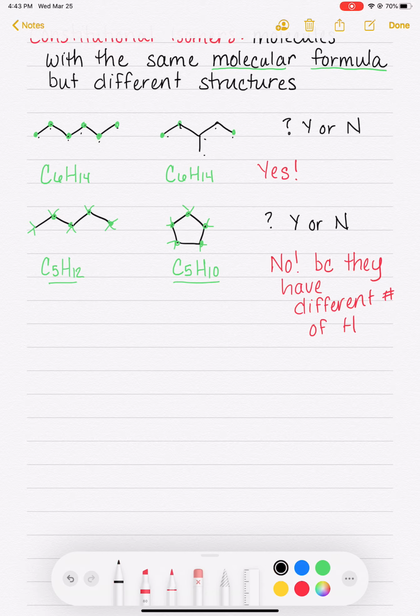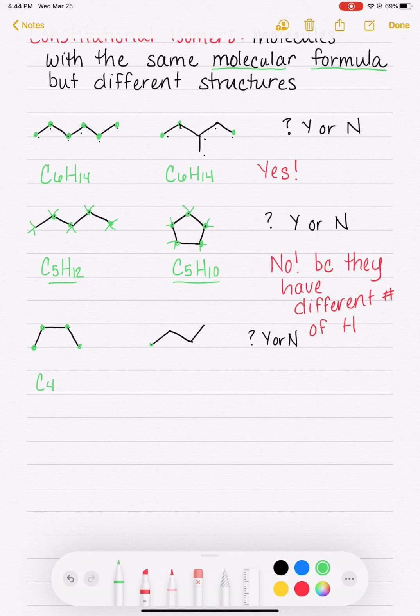Let's look at another example. Let's do that versus this. Are these constitutional isomers? Yes or no? So we're going to start with counting the carbons. We've got 1, 2, 3, 4. So that's C4.